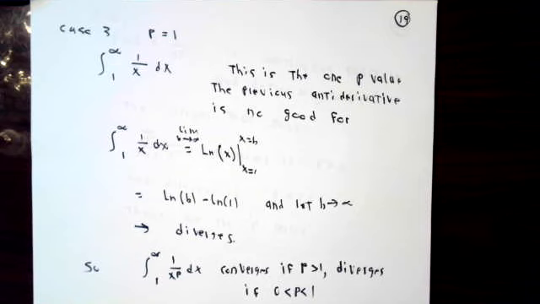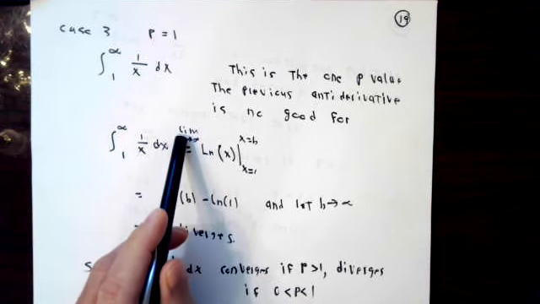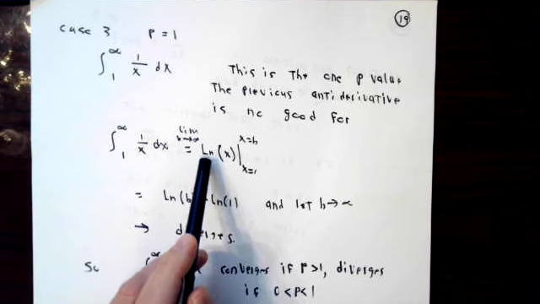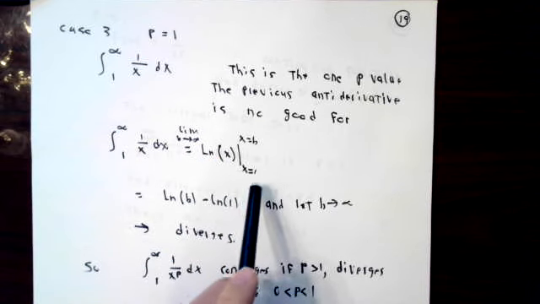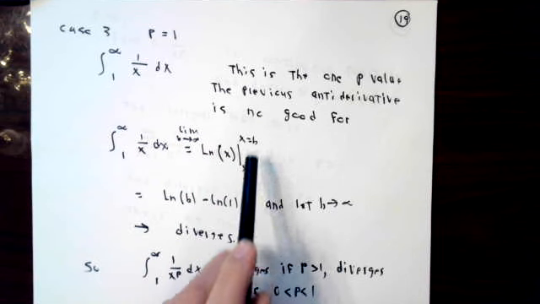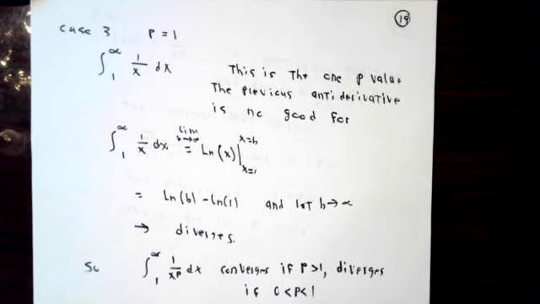What if p equals 1? Then we are integrating the integral from 1 to infinity, 1 over x raised to the first power, that is 1 over x, with respect to x. We know an antiderivative for that. That would be natural log of x. I've got to take the limit as b tends to infinity of natural log of x, where I evaluate natural log at 1 and at b and subtract.